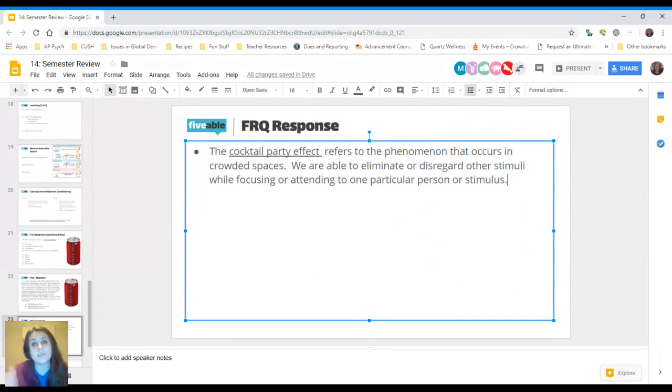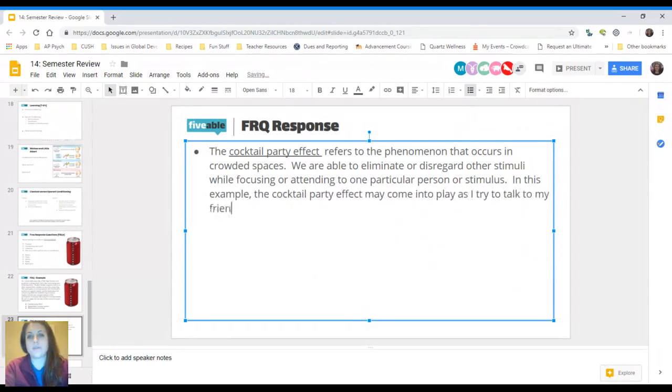So now I need to give an example of how this may relate to the prompt. So in this example, the cocktail party effect may come into play as I try to talk to my friend during the pep rally.